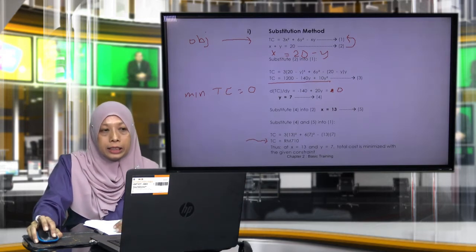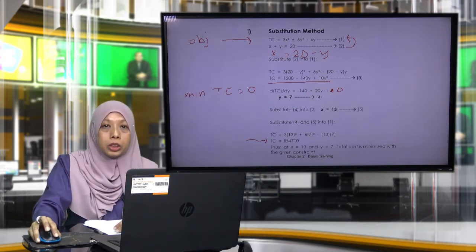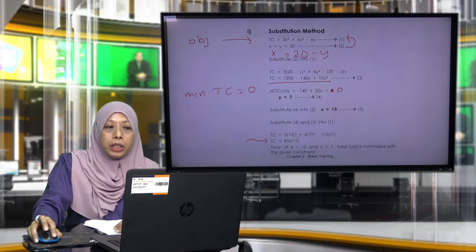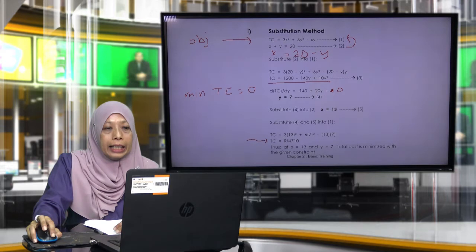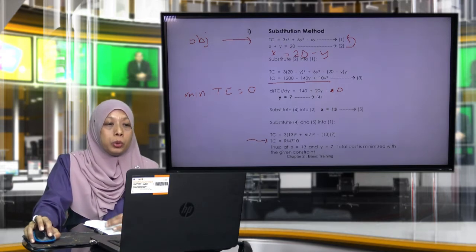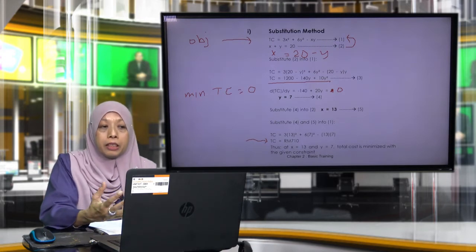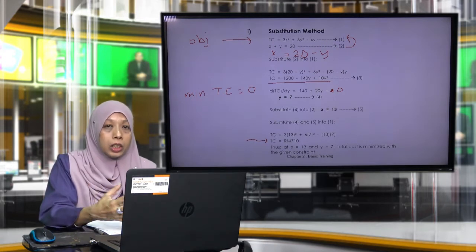So if you want to minimize the total cost function given the production constraint, y should be equal to 7, x must be equal to 13, and the minimum total cost that you're going to achieve is 710. And that's how you optimize a multivariate function given a constraint.